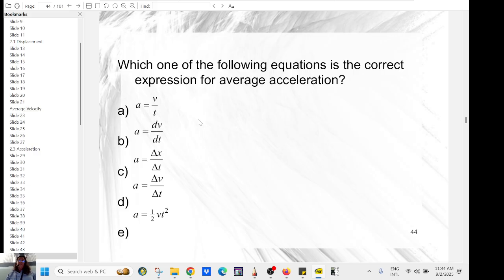Average acceleration. It's a little bit shifted. It's this one, right? Delta x over delta t is the average velocity. When you see average, you see a delta.